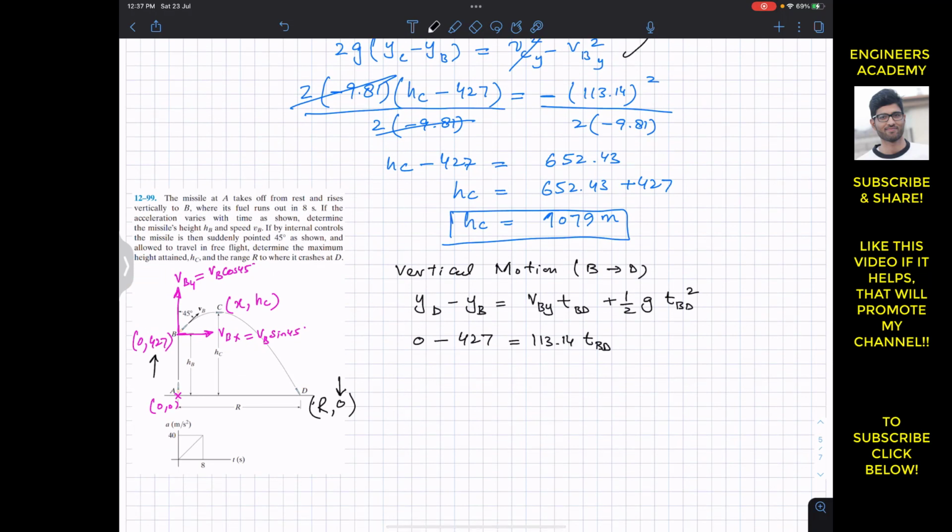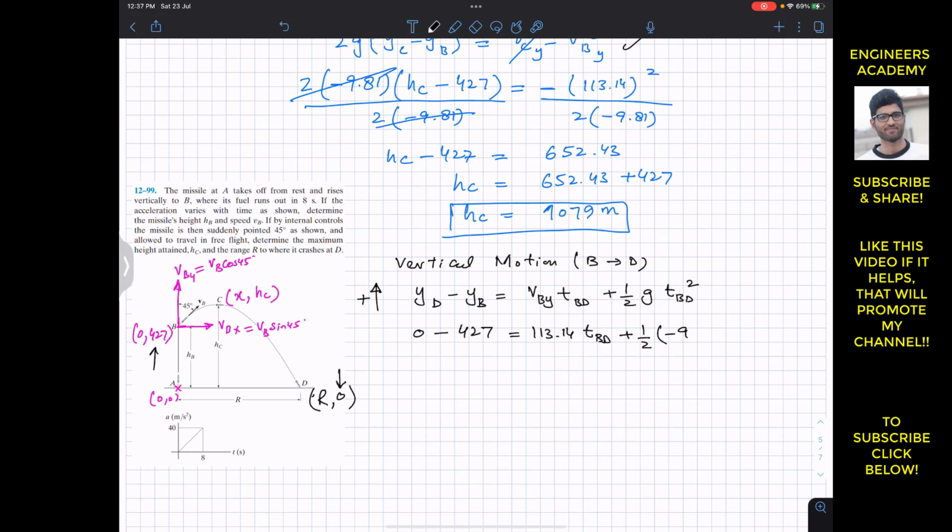TBD is not known, the total time taken by the missile to travel from B to D, plus 1 divided by 2. Since we are considering this direction for the velocity as positive, and in this direction the missile is decelerating, the g value is minus 9.81, times tbd square. Now we can bring this 427 to the other side of the equation.